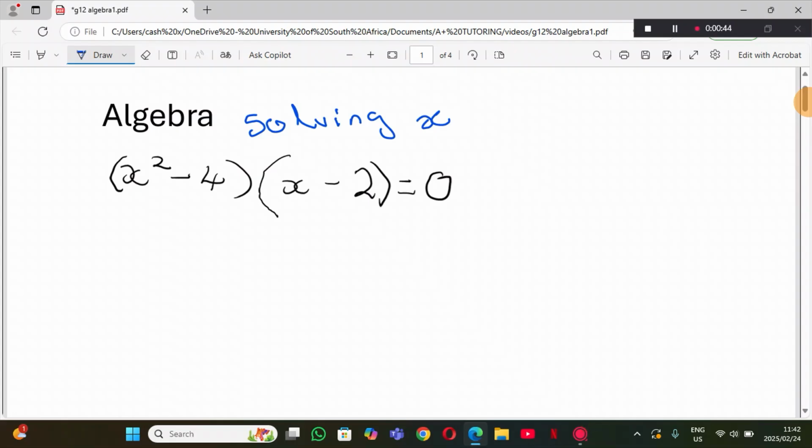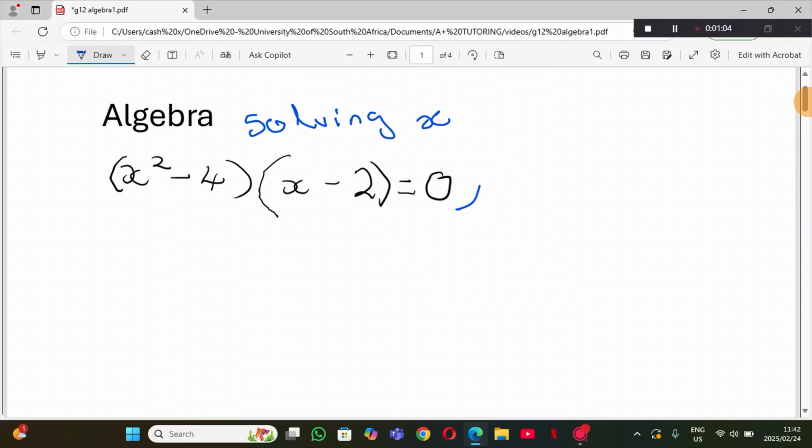Remember that anything multiplied by 0 is 0. Since our answer on the right hand side is 0, any of these brackets has to be 0 to multiply the other and give us 0.